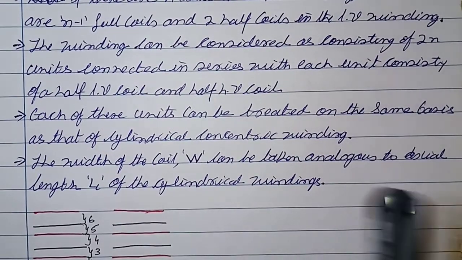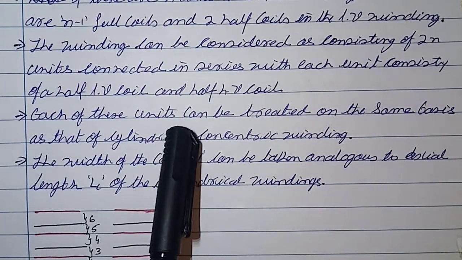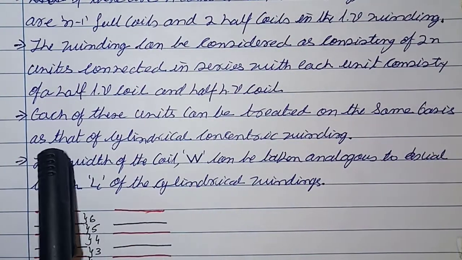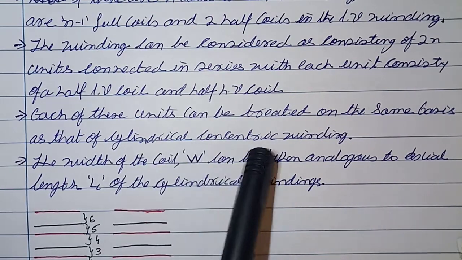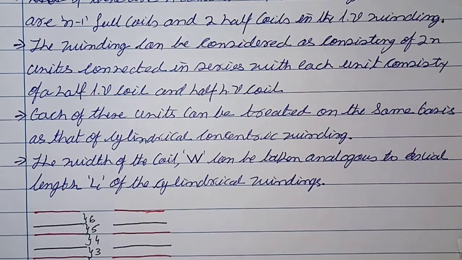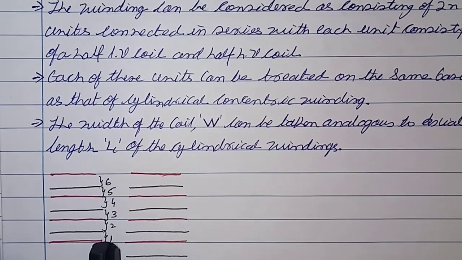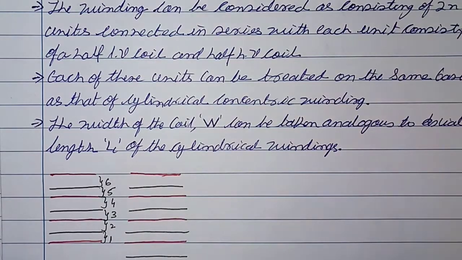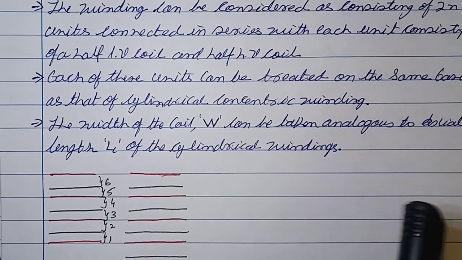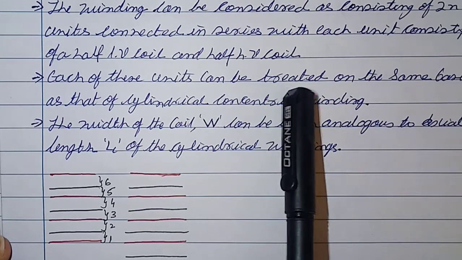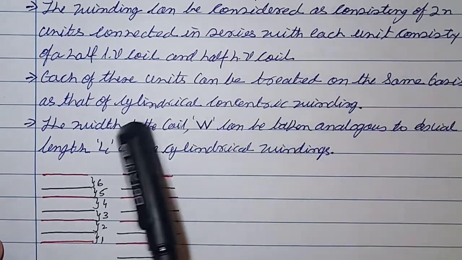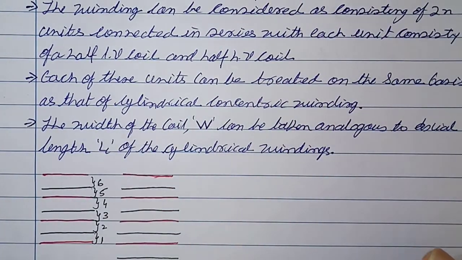Next, each of these units can be treated on the same basis as that of a cylindrical concentric winding. That is what it is being told: the units consisting of half LV and half HV can be treated in the same line as a cylindrical concentric winding.